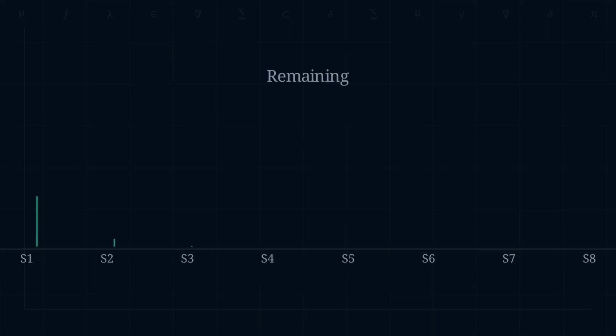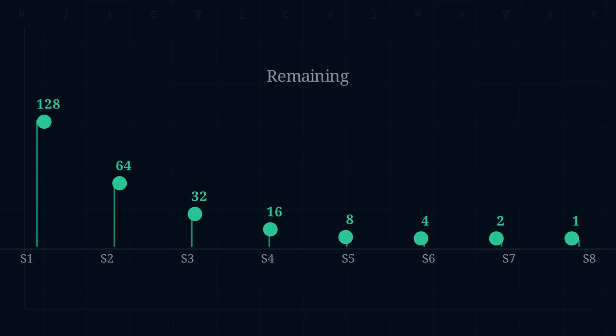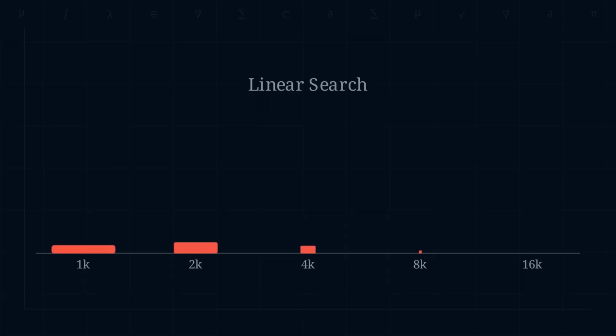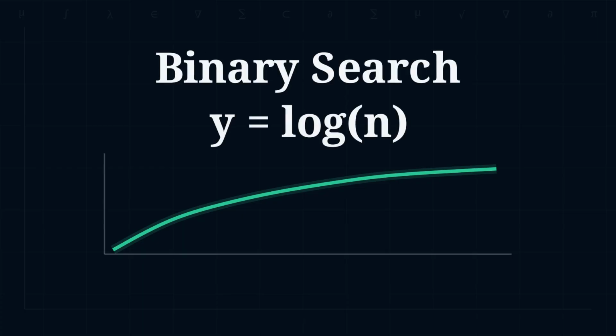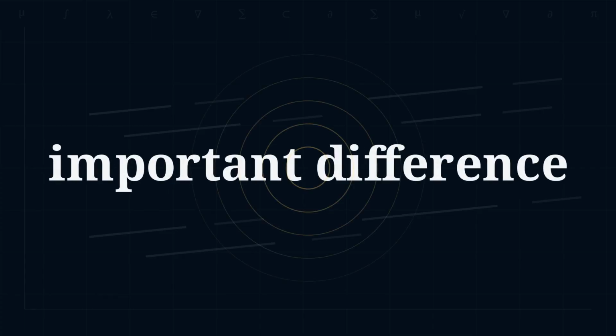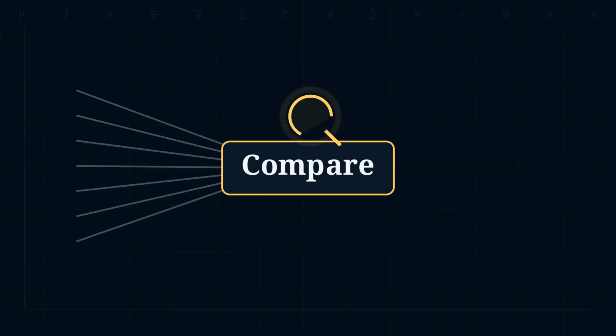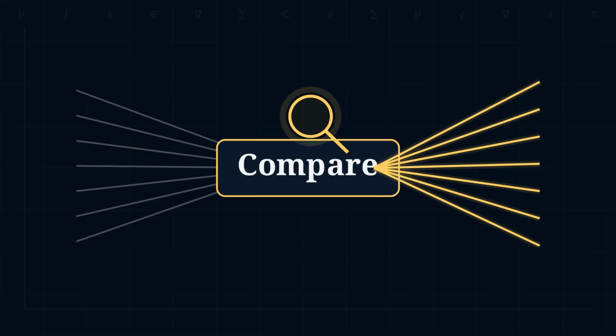The reason this algorithm scales so well is that the search space keeps being cut down rather than reduced one item at a time. A linear search grows directly with the amount of data because more items can mean proportionally more checks. Binary search grows logarithmically because each decision removes a large fraction of the remaining possibilities. The important difference is not that one loop is written more cleverly, but that one algorithm extracts more information from each comparison.